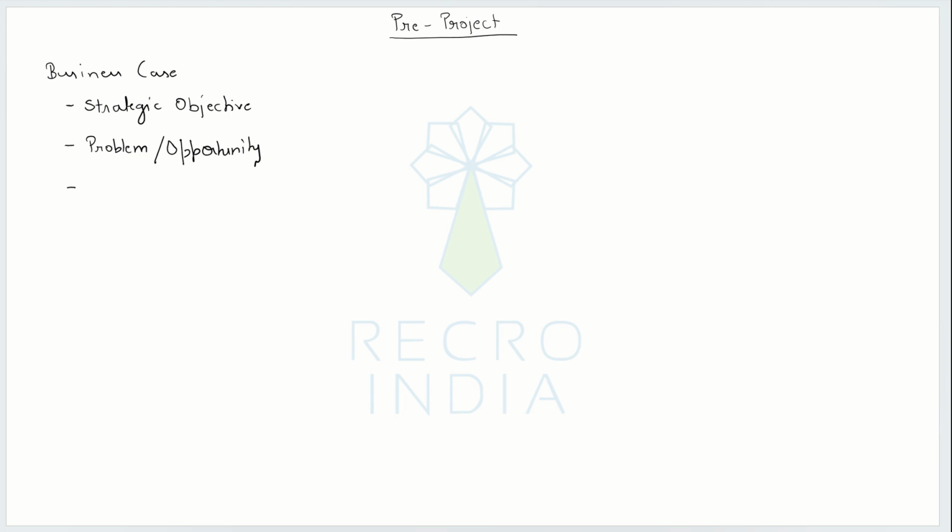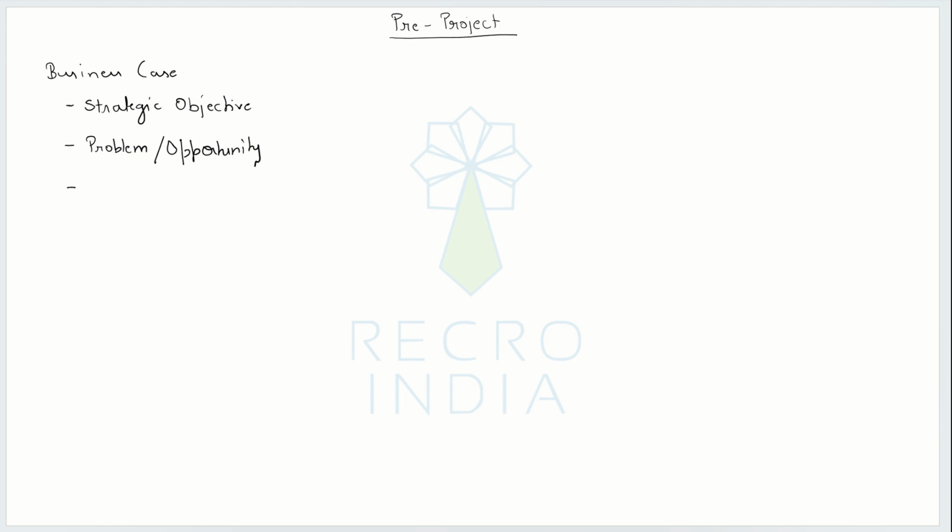For example, let's say we are talking about a problem statement where our current attendance system is outdated and it requires a lot of manual intervention to process the payroll and attendance of the employees. So this is something that the organization wants to look into and see if we can do something to improve the scenario or improve the particular problem that we are experiencing.